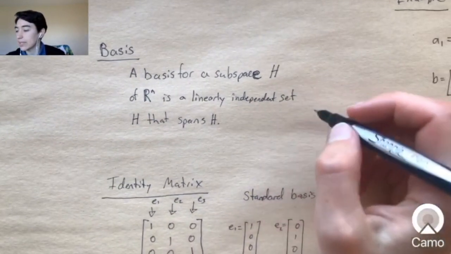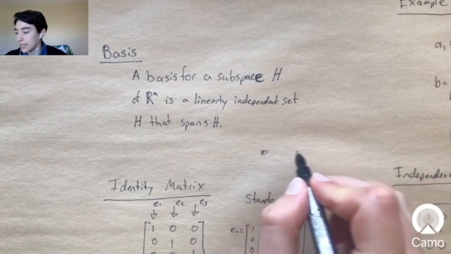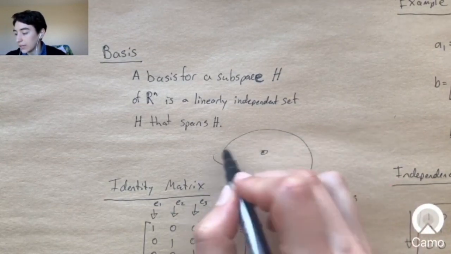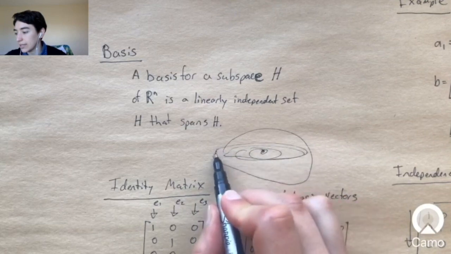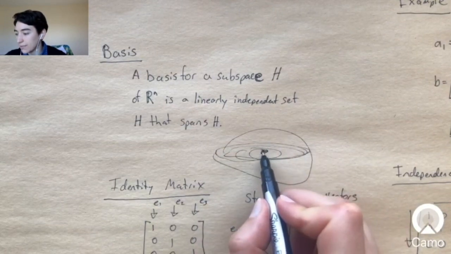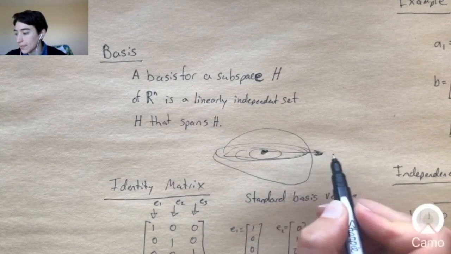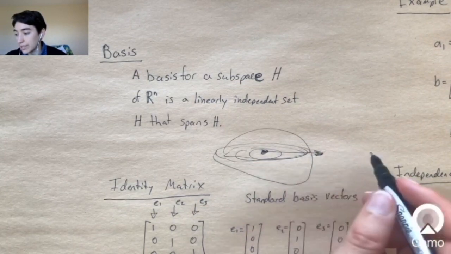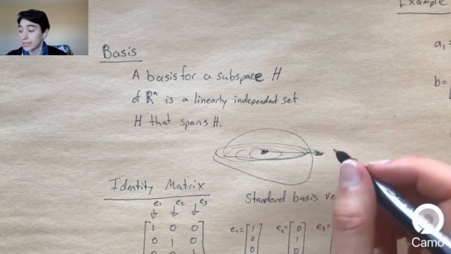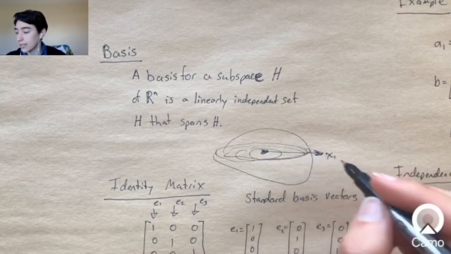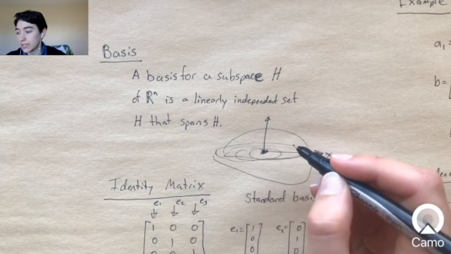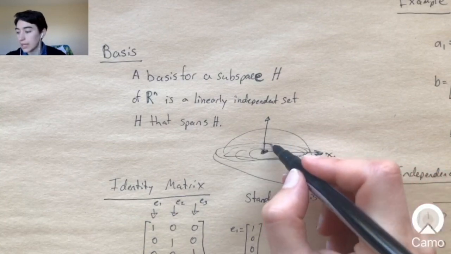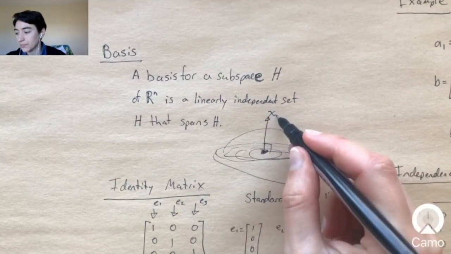So if we had the sun here and we had the Oort cloud going around like this, and we had all of our solar system in these lines here, and we had some vector going like this, and we decided to use that as our main axis 1, x1, and we had a line coming up like this, which is going to be perpendicular to our x1, x2.